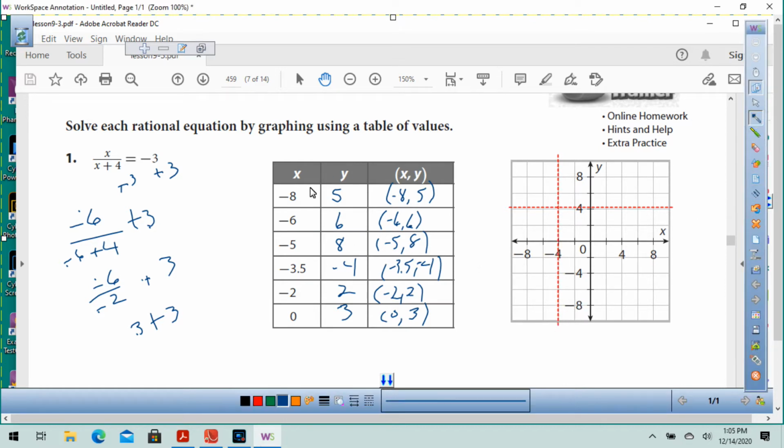Negative 8, 5 is going to be about right here. Then negative 6, 6 right there, and negative 5, 8 is right there, and that's going to look like this.